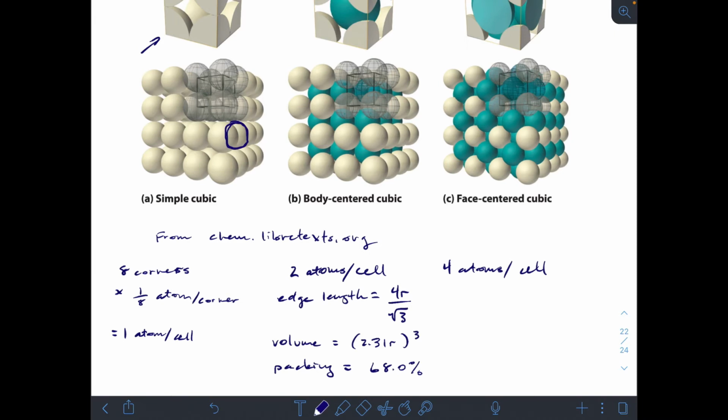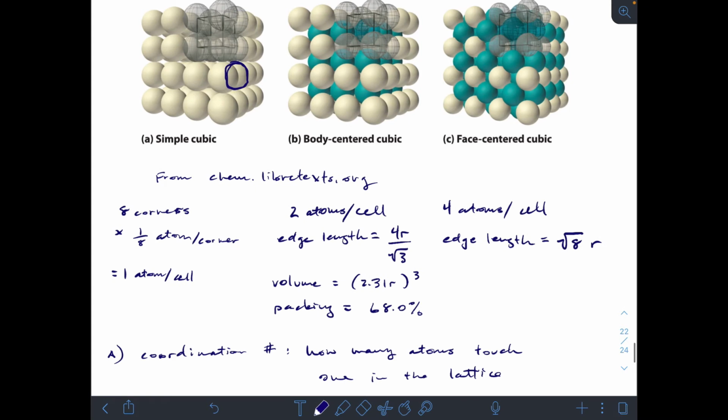Right, it has a coordination number of 12, and our edge is square root of 8 times r. Right, so our volume is 2.83 r cubed.